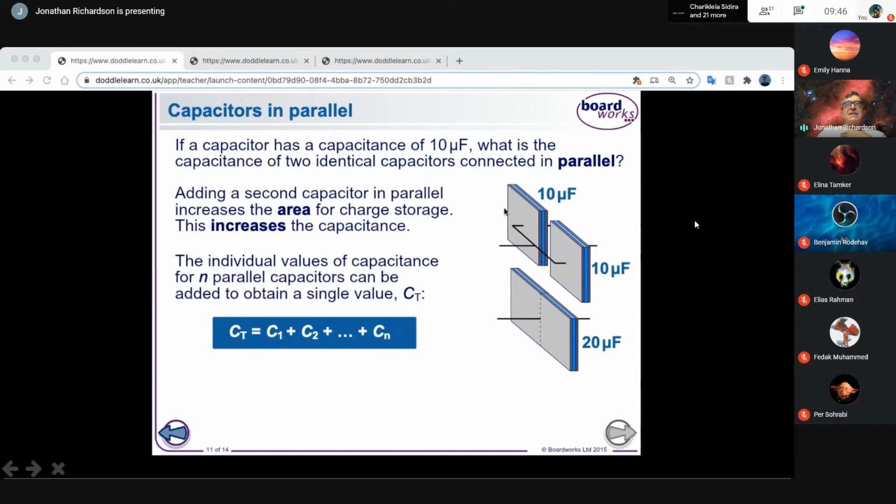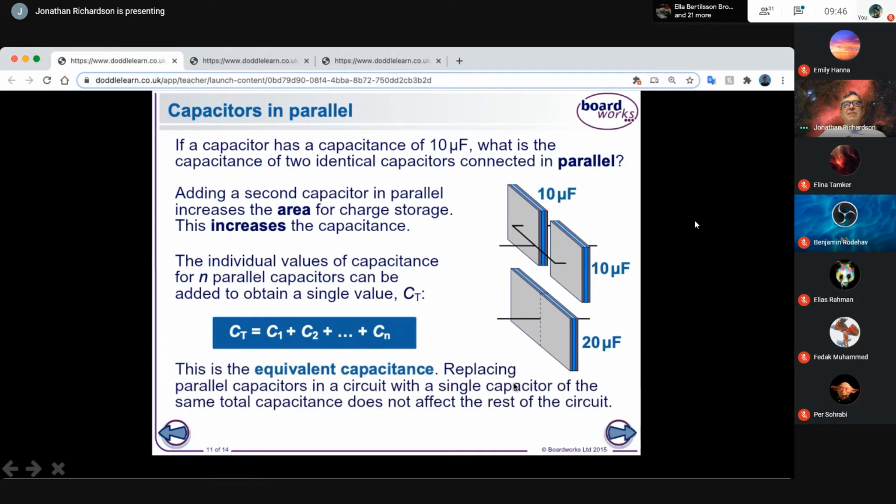So in this example, a 10 microfarad together with a 10 microfarad gives us a resultant of 20 microfarads. We add those together simply in a straightforward manner. This is called the equivalent capacitance.